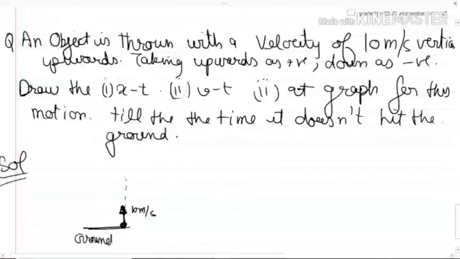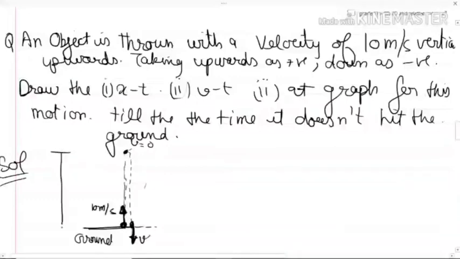This object will go up to a certain maximum height. Can anyone find out that maximum height for me? And it will then fall down and strike the ground with the same velocity but in the downward direction. Yes or no? Can anyone tell me what will be h max?